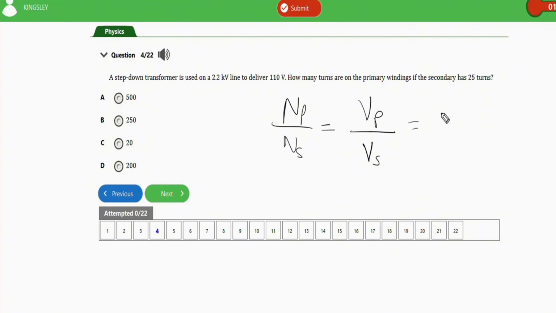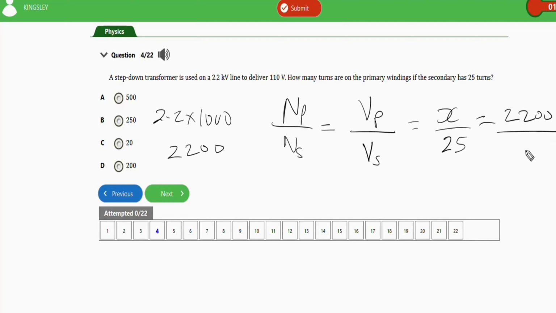So we are looking for NP, that's just X equals, our NS is, if the secondary has 25 turns, 25 equals, now our VP is 2.2 kilovolts. So convert 2.2 kilovolts to volts, that should be 2.2 times 1000. This will give you 2200 volts. So we have 2200 volts over, now our secondary voltage is 110.